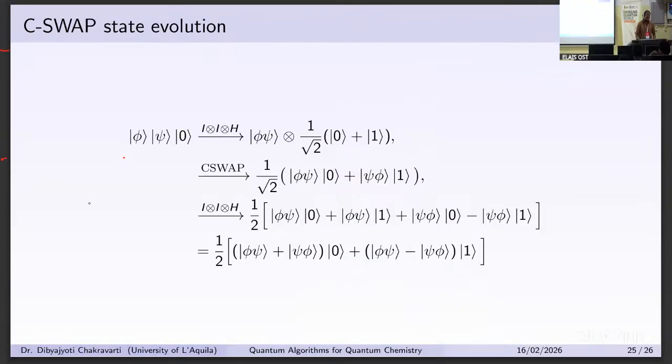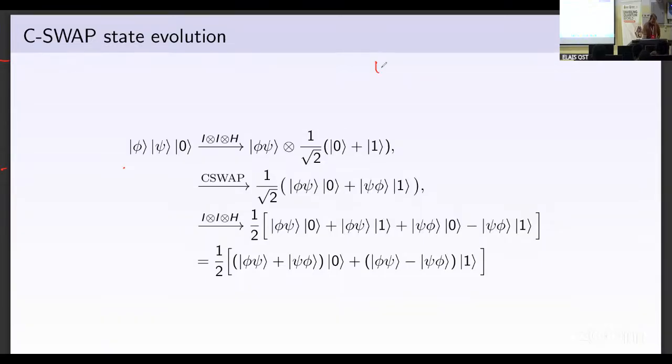Okay, so if you remember the circuit, we have a Hadamard first. Let me just quickly draw the circuit, or else I have to move between slides again. So the circuit was like we have 0, we had psi, we had phi.